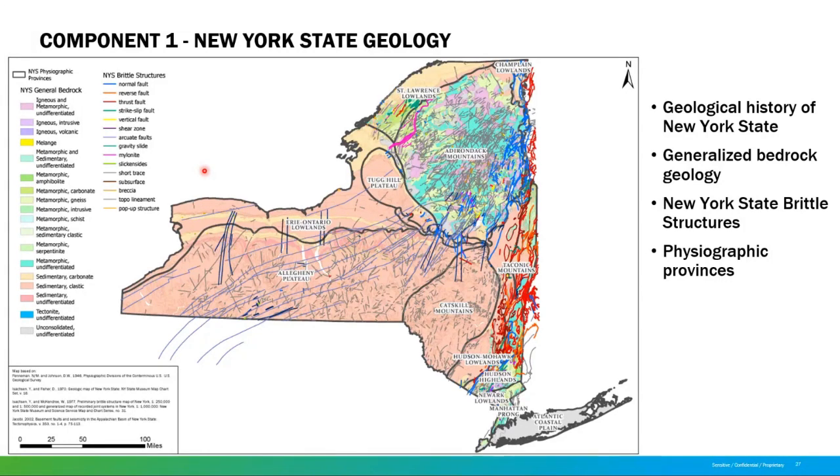And then this map that we developed using a couple of tools from the New York State Museum's GIS repository that we've supplemented and refined a little bit, with a generalized bedrock geology broken out by igneous, metamorphic, sedimentary, and also the New York State brittle structures map that we've supplemented with some additional structure data showing faults, fractures, lineaments, all that good stuff. You can also see on this map, we have those physiographic provinces. So when you're looking at your table, you have an idea: am I in the Allegheny Plateau, the Catskill Mountains, etc.